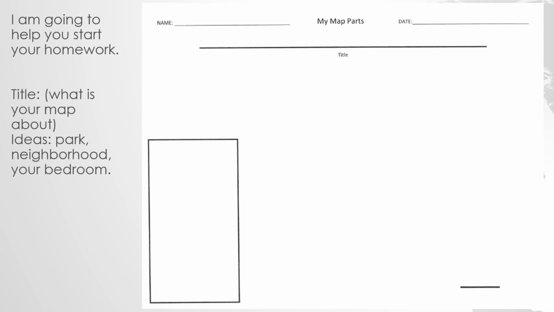Some ideas of what kind of map you could draw: you could make a map of a park that's near your home, a map of your neighborhood, a map of your bedroom. You decide, but write what the map is on top of the line as your title.